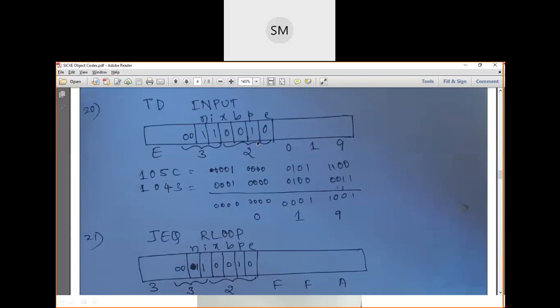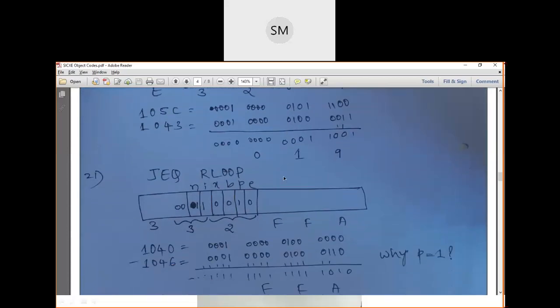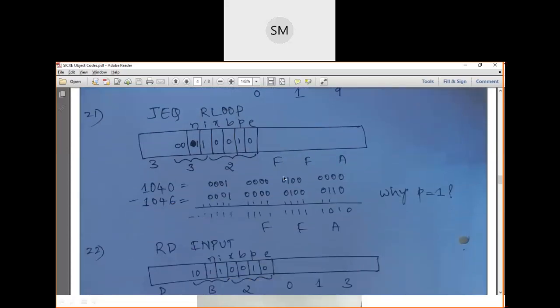Next, TD INPUT. It's also the same. Use program counter relative addressing mode here. Then JEQ RLOOP. Here also it is the same. You use program counter relative addressing mode. So here you may get some difficulty, because sometimes you may get negative values. Because here you observe it is 1040.